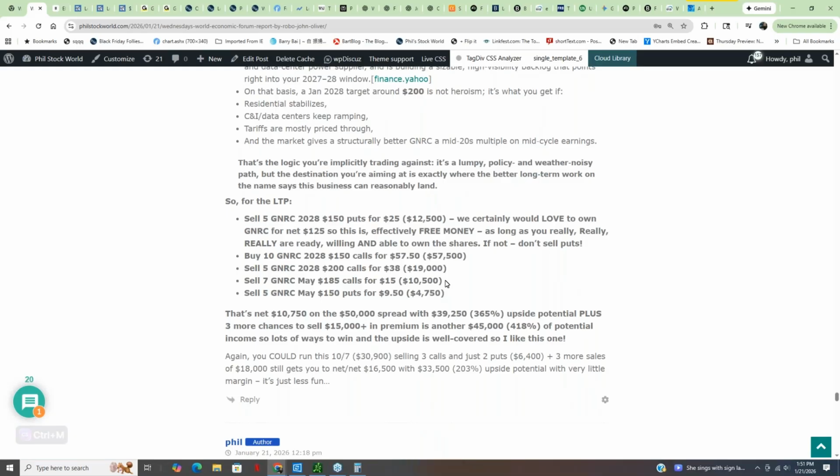So why is this a top trade? It's a top trade because there's lots of ways to win. It's very hard to lose. You'd have to have a catastrophic failure of the company, which we don't believe is happening. In fact, they already announced bad news. That's why they went down in the first place. They already announced lower guidance for the year. They're probably not going to suddenly have more bad news.